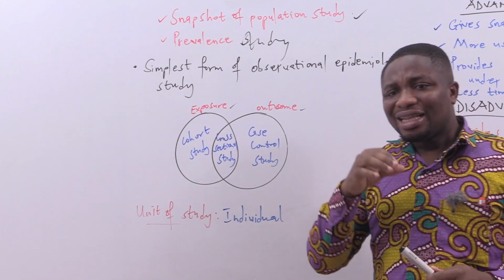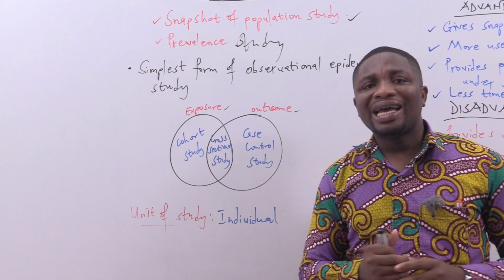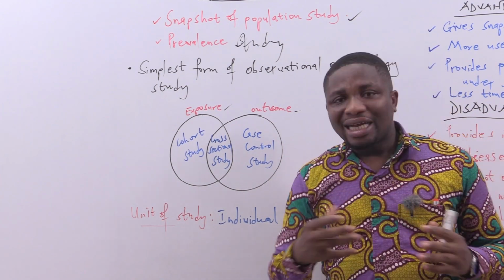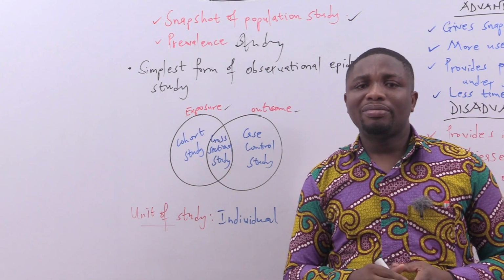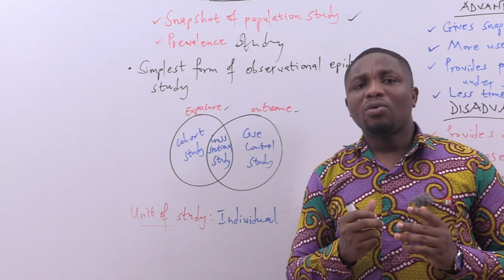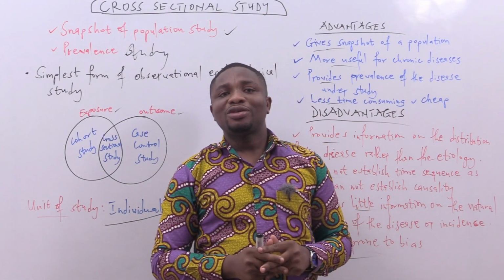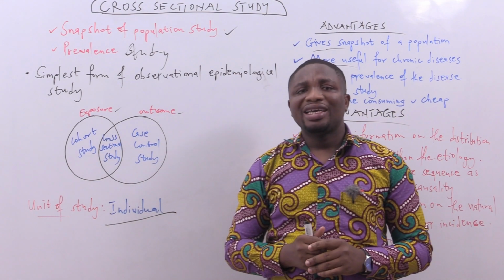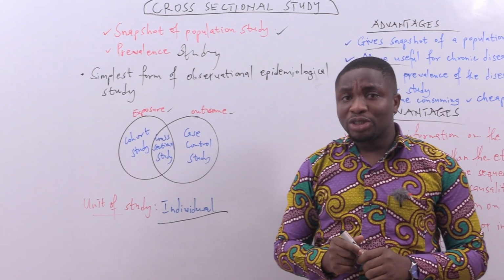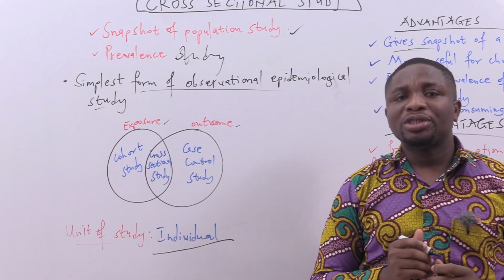A study that is able to identify both exposure and outcome at one point of time, such that the results are presented to the population, we call a snapshot of population study, or the cross-sectional study. You should also know that the cross-sectional study is the simplest form of observational epidemiological study.